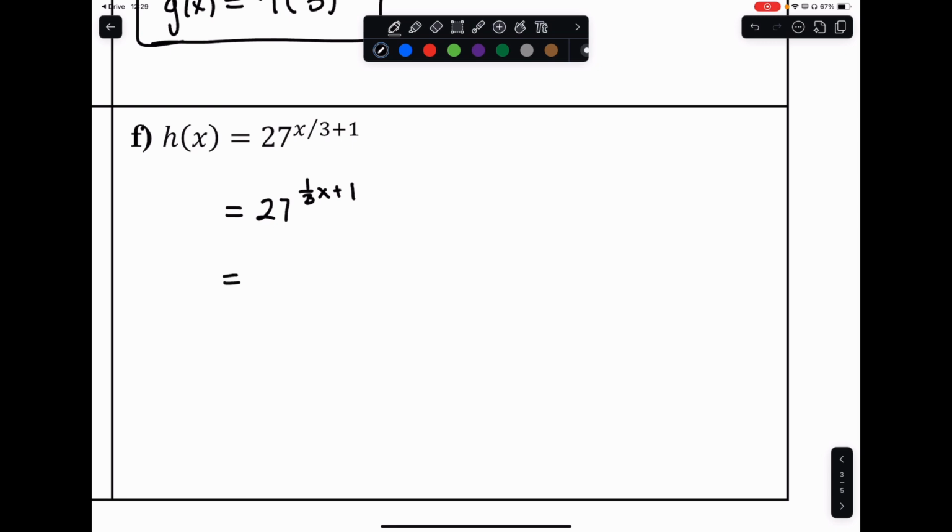Well, by the product property, since these values are being added together, I can separate this and write this as a power with base 27 to the x over 3 power, and then multiply another power of the same base, 27 raised to the first power.